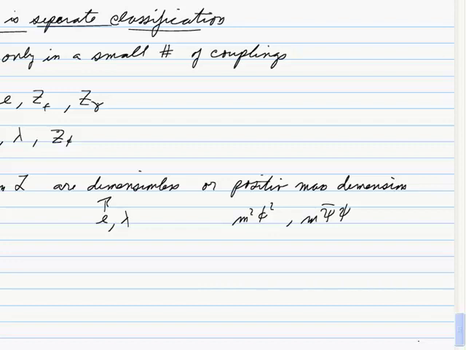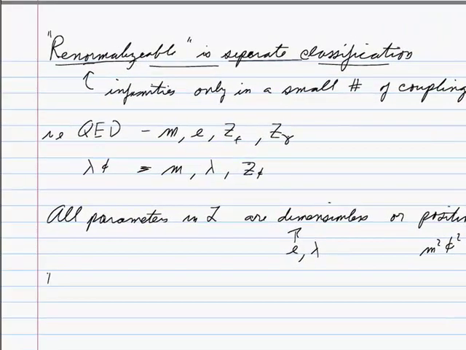So if we recall the counting of the various fields, remember the dimension of phi is mass to the first power.